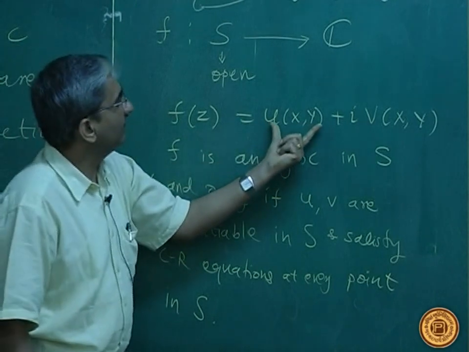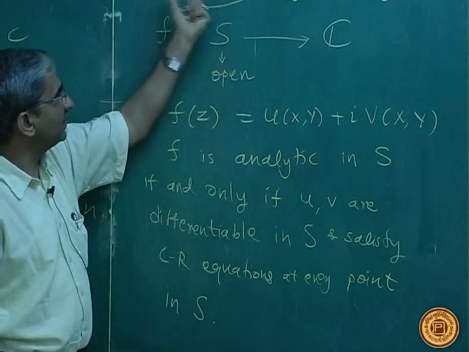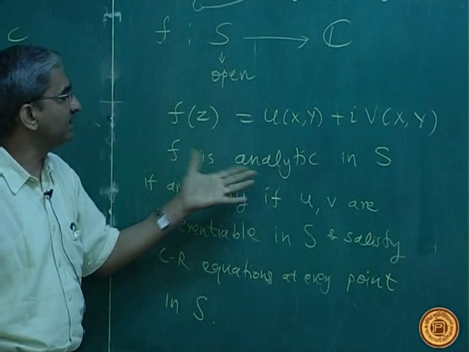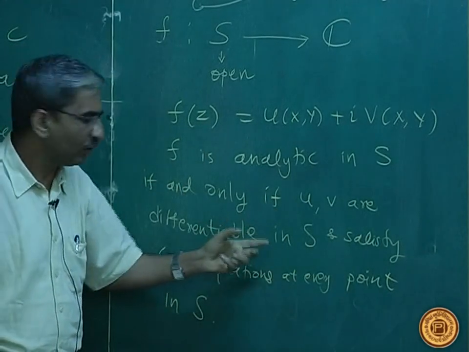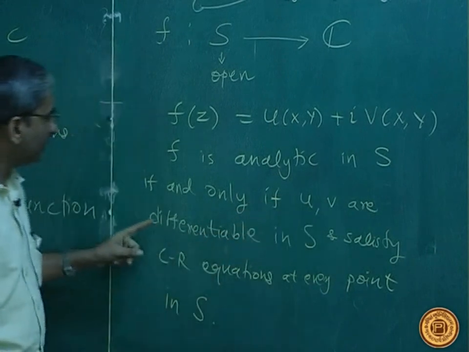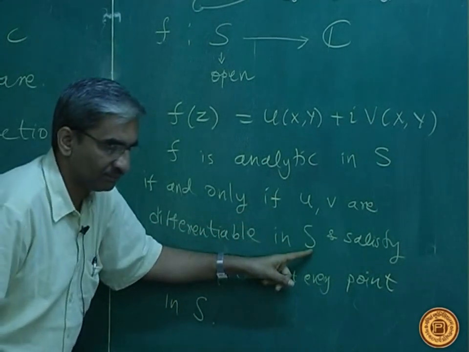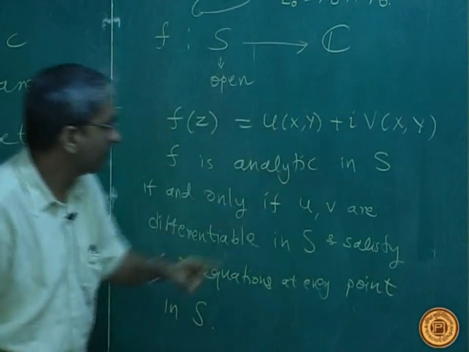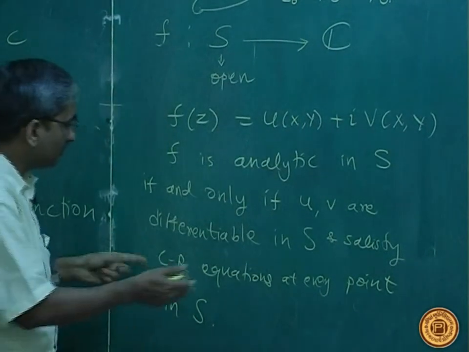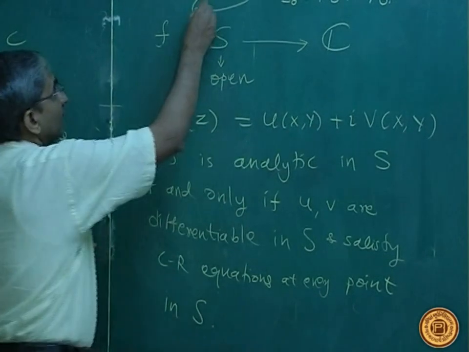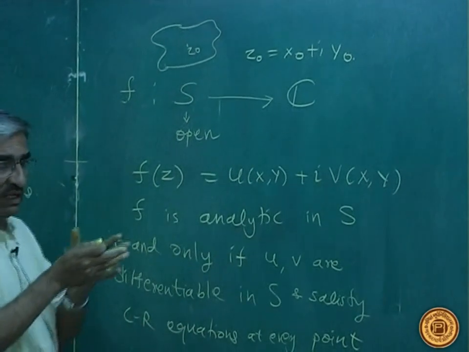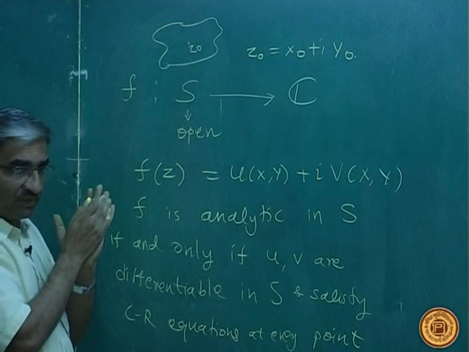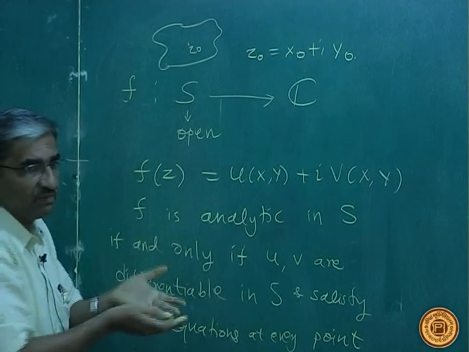So therefore, differentiability at every point, I have translated that condition, the necessary and sufficient condition for differentiability at all points. That means u and v are now required to be differentiable throughout S rather than just x0, y0, and they should satisfy Cauchy-Riemann equations at all points. So at any point, if u and v are differentiable and satisfy Cauchy-Riemann equations, then by last time's theorem f is differentiable at every point, but that exactly means that f is analytic.